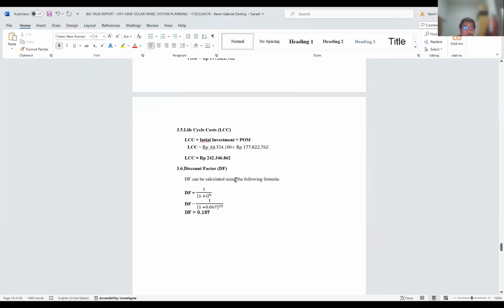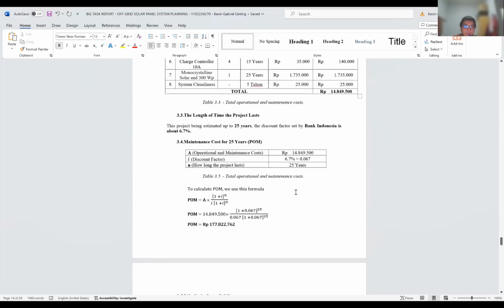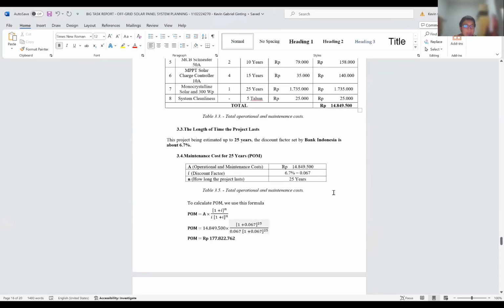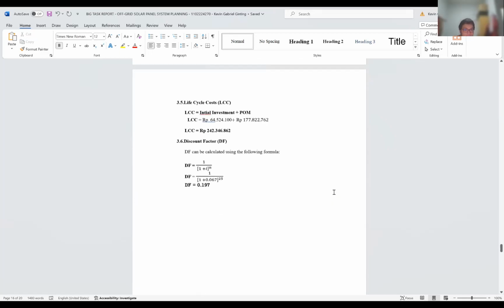After that, we have to find the DF, our discount factor. DF can be calculated with this formula: 1 over (1 plus I) power of n. As we know already earlier, I is the discount factor from the bank, 6.7%, and n is how long the project will last, which was 25 years, as I stated earlier.